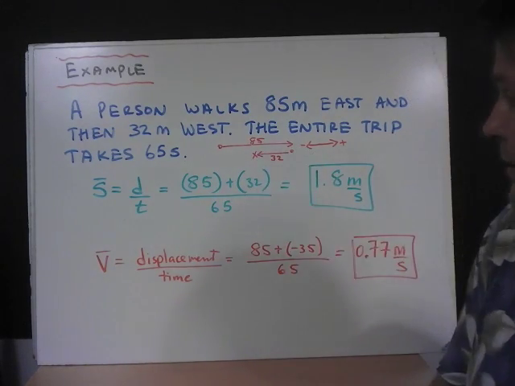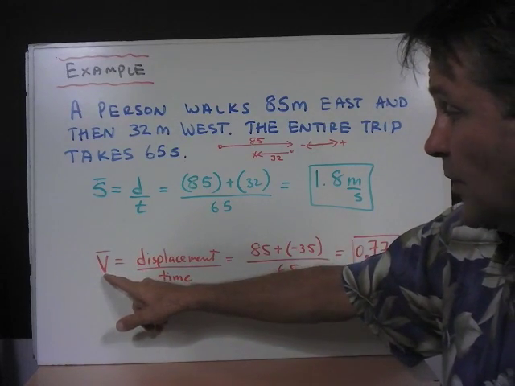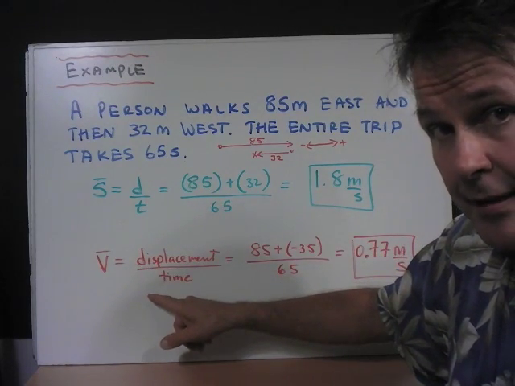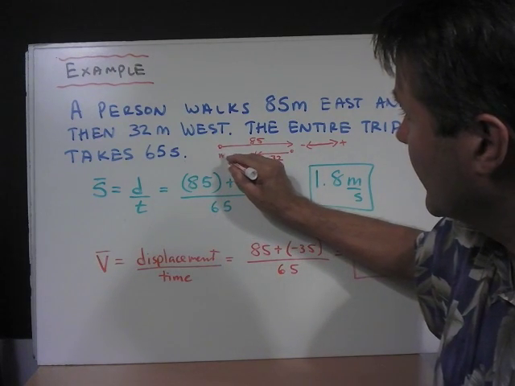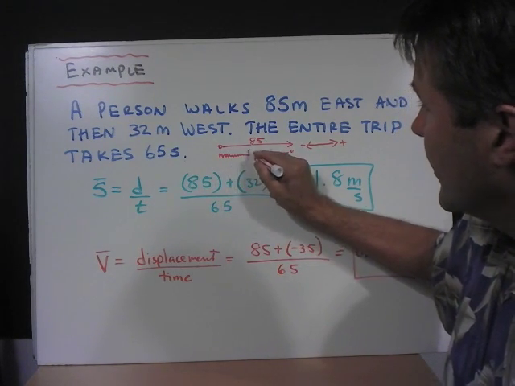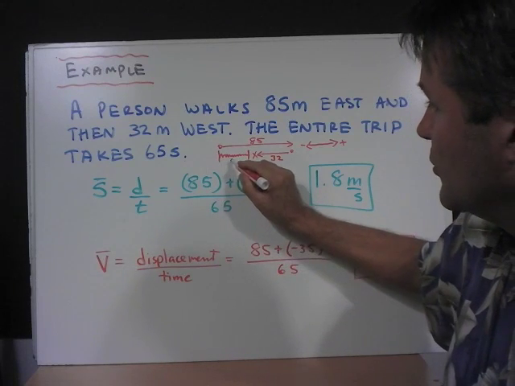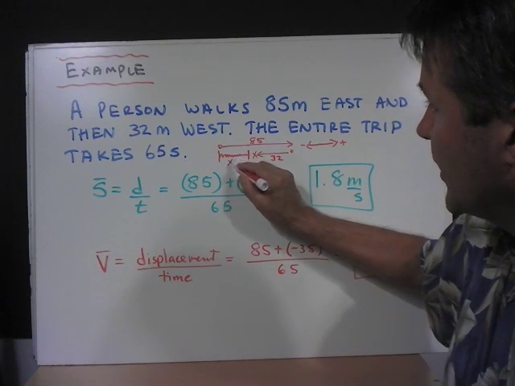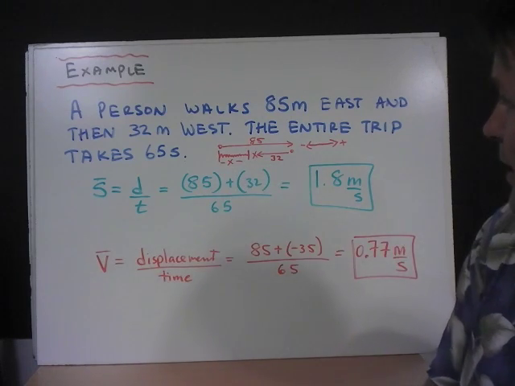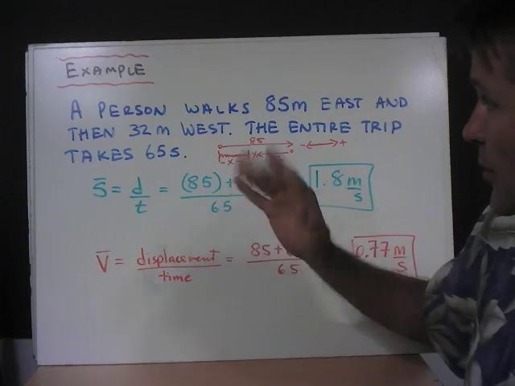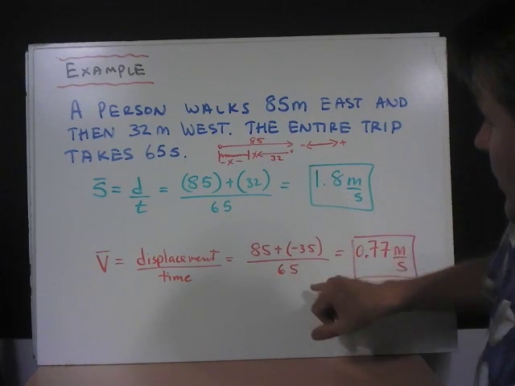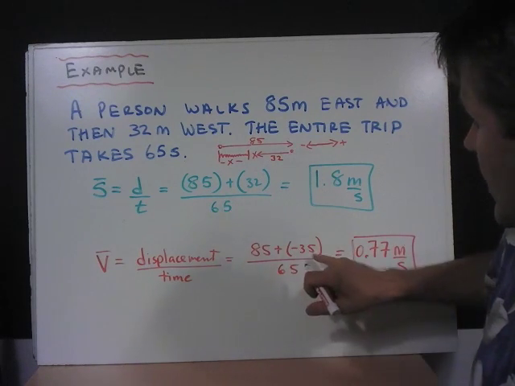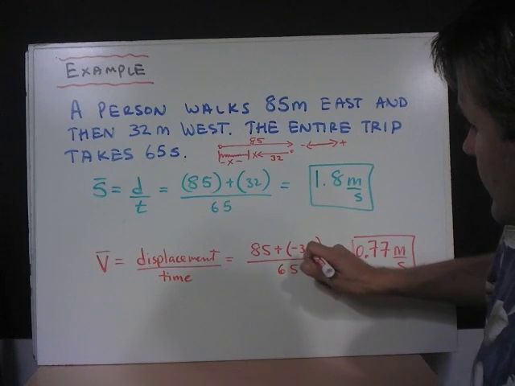That's the end. Now, average velocity is displacement divided by time. So the displacement is this region right here. That would be the displacement. I'll do an X right here. So you see our displacement is smaller than 85 and 32.